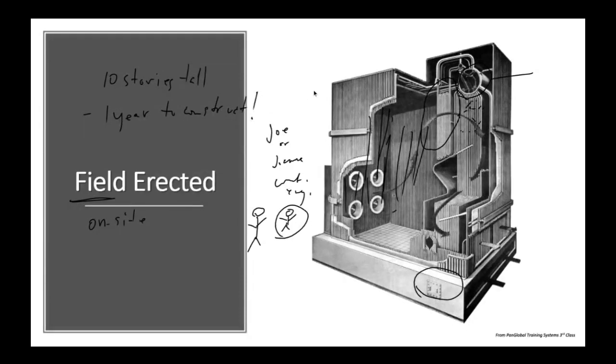So if it's going to take a year to construct, maybe they start in December of 2019 and it's finished in December 2020. That means that these people are working in the wintertime. They're working in the rain. They're working in the snow. They're working on windy days. They're working on calm days. They're working under the heat of the sun in the summertime. And so all of these are factors that are going to affect the quality of the welds, the quality of the erection, the quality of the construction, basically.